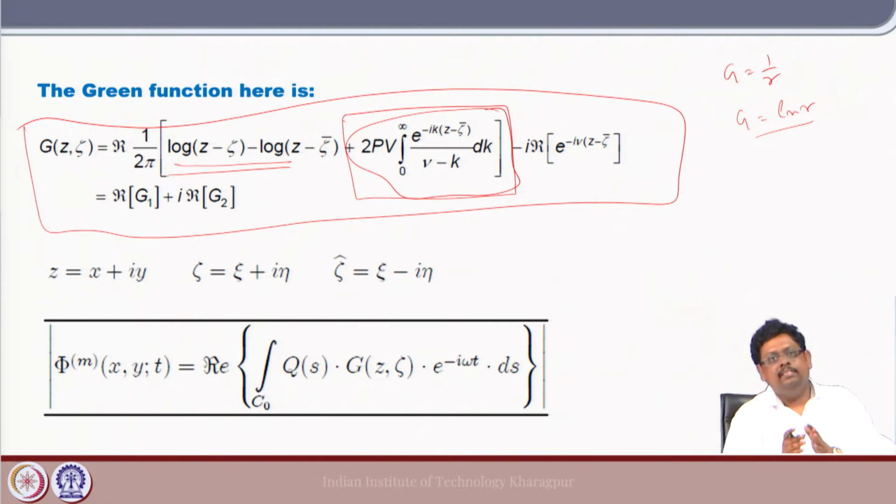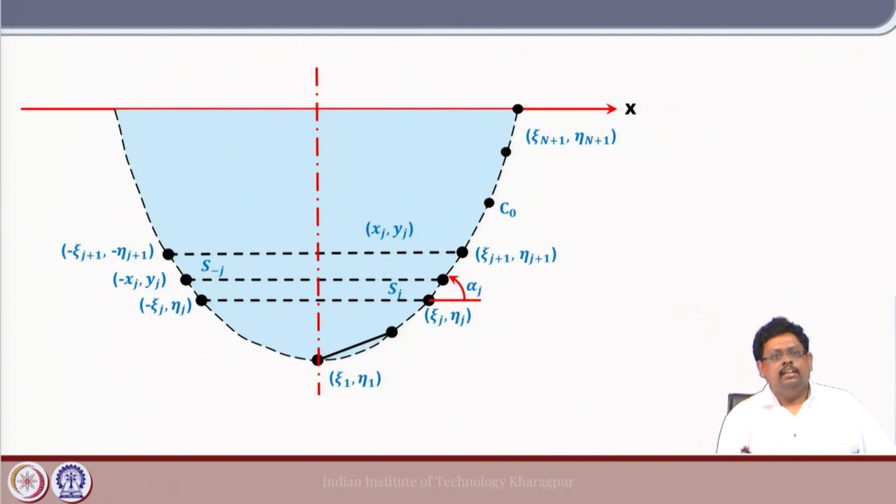However, this is important, because otherwise, if you drop this term, then we have to discretize the free surface, and things become more complex in terms of meshing and computational effort. So it is better to use this Green's function, so that the domain of discretization becomes only the body.